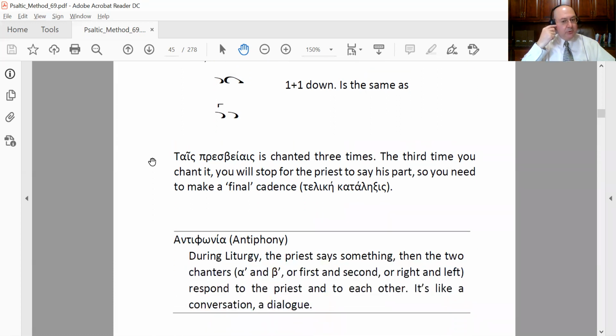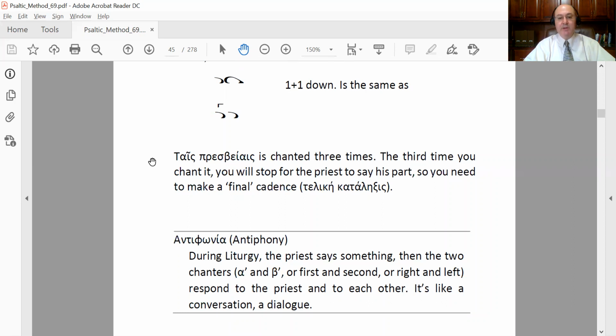I want to talk to you a little bit about Despres Vies. The reason I am giving you all this information is because ultimately you are learning all of these things because you want to chant during liturgy and help out the priest, because the priest is going to say his part and you as a chanter, you're going to say your part.